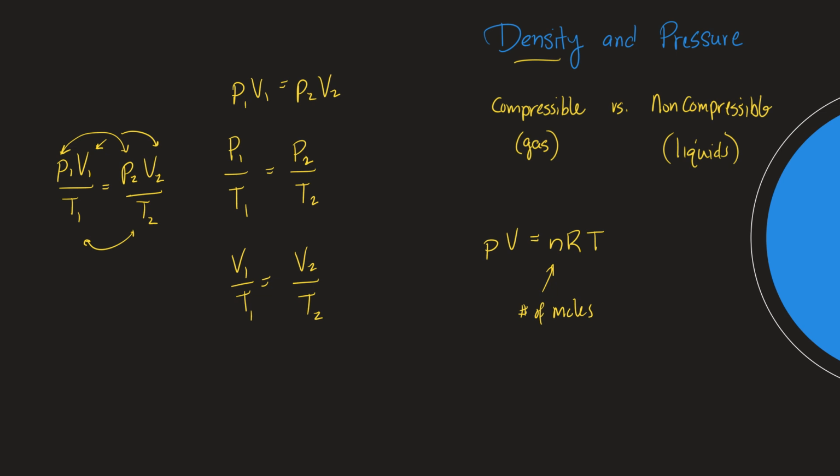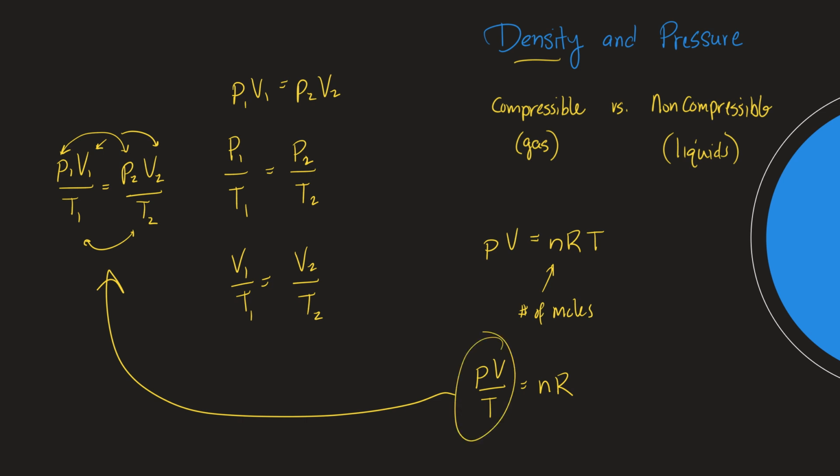You know, does it not dawn on you that you could say PV over T equals nR? And doesn't this look a lot like that? What this is saying is that these three things together tell you how many molecules of a gas you have. If you know the pressure, volume, and temperature of a gas, that tells you how many moles of the gas there are. Right?